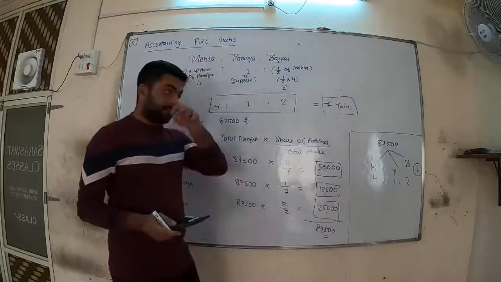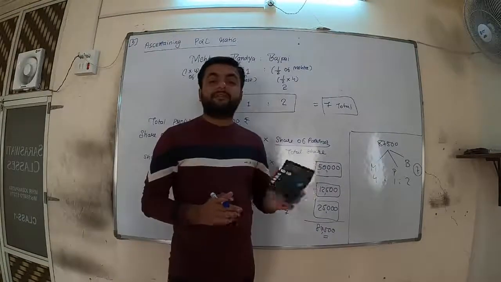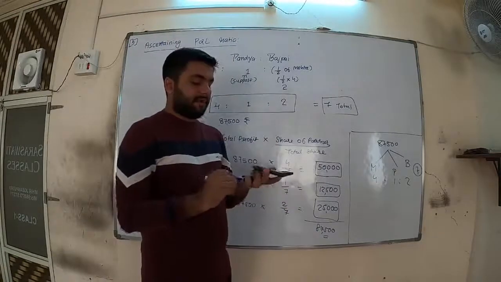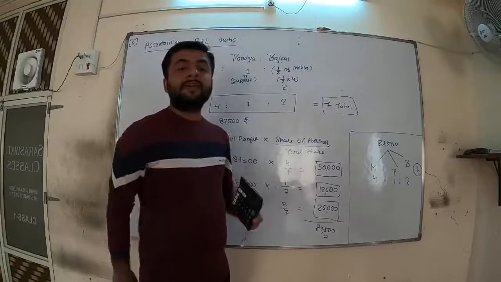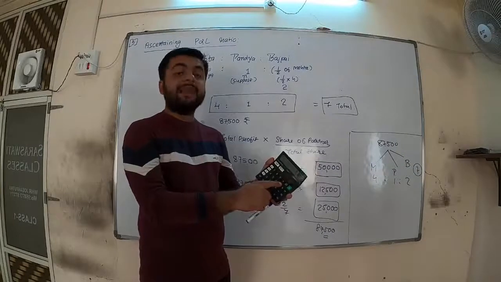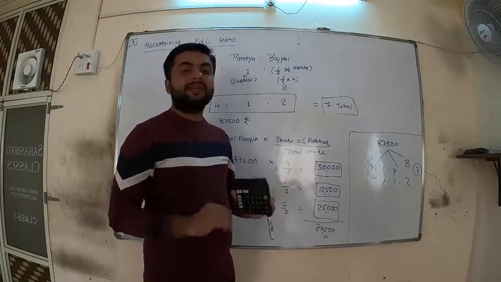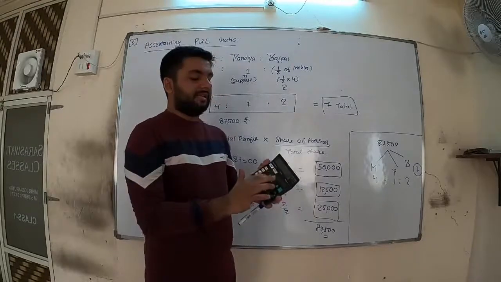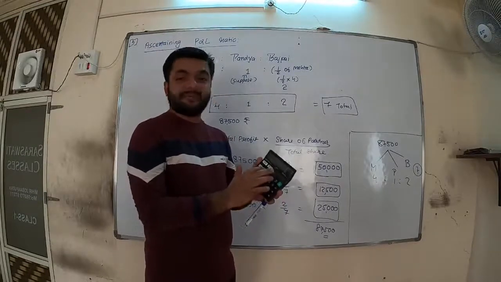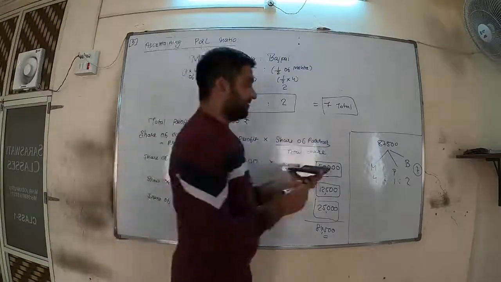How will you find it, friends? In your calculator, what will you write? 87,500 divided by total, which is 7. Divide by 7 and directly multiply by the first share. You don't need equals to in between. Again I will repeat: 87,500 divide by 7 multiply first share 4 then equals to is 50,000.